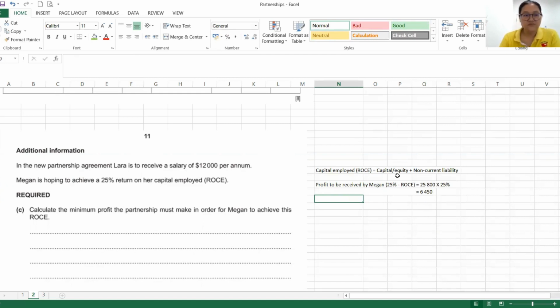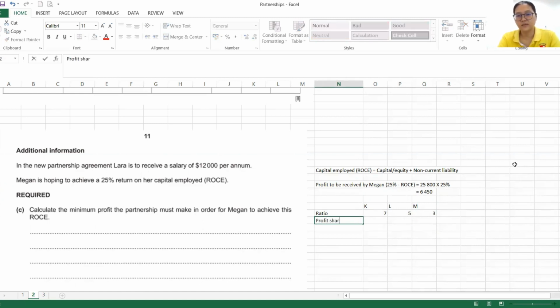How much is the minimum profit in order to achieve this target? Based on the ratio, Kalis, Lala, and Megan are getting 7, 5, and 3. So this is the ratio. In order to get the profit share, which is Megan's 6,450, how much will these two get?